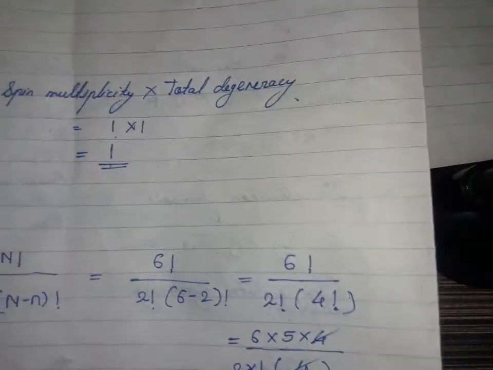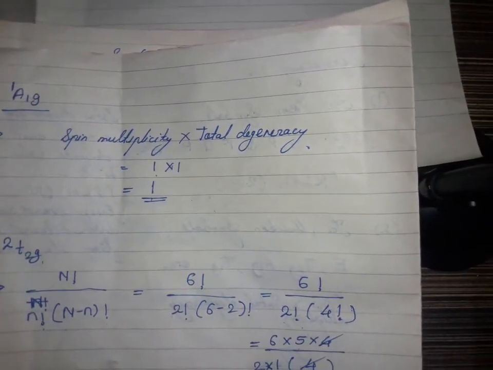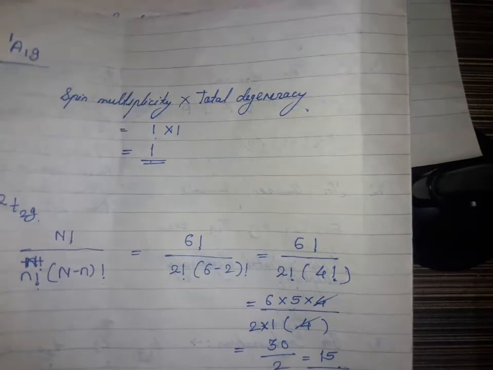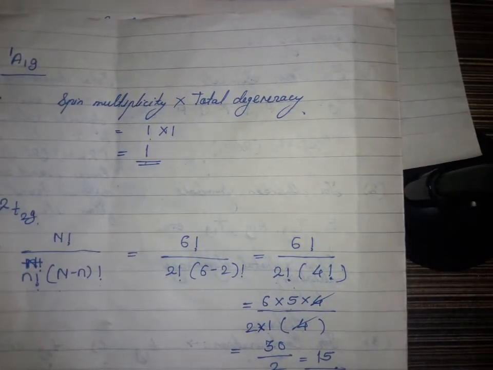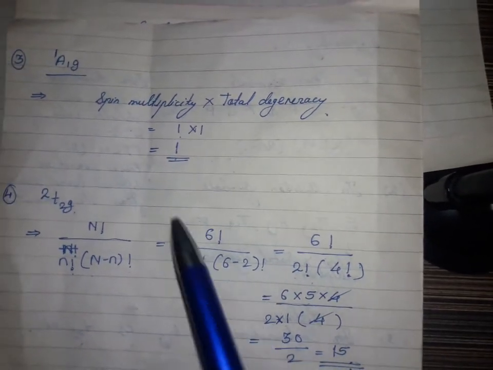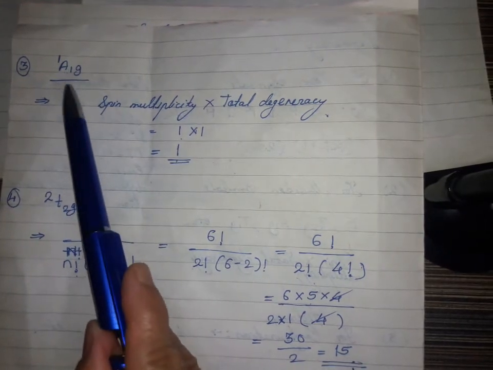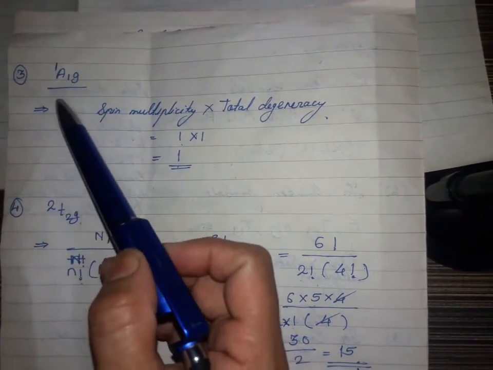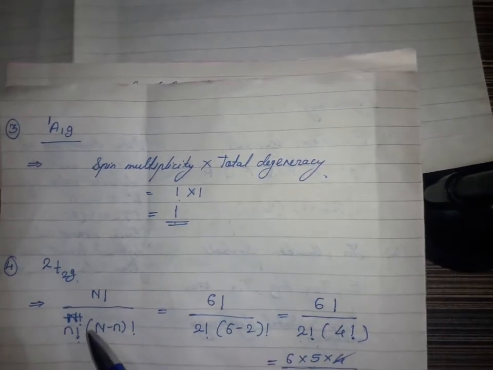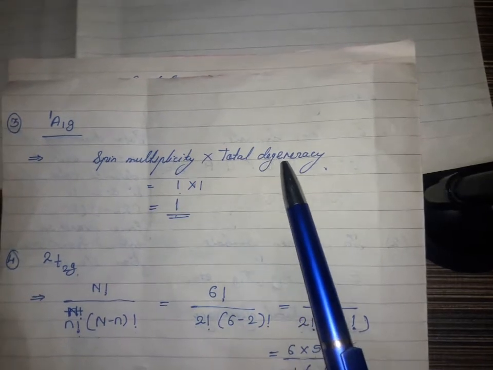Now we will discuss some more problems, like A1G. Here is the first example, singlet A1G. In this case, we can use the formula: spin multiplicity into total degeneracy.